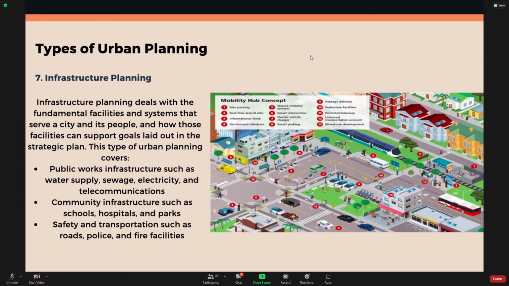So if we have a very good, very comprehensive infrastructure planning, where you have beautiful parks, beautiful pedestrian walkways with enough shading, I think most of us would want to stay in Malaysia, right? Because our families are here.